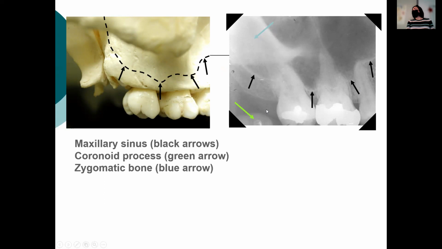And then the coronoid process here, and then the maxillary sinus. The coronoid process looks lighter. Oh, maxillary tuberosity right through here. Yeah, it does look lighter.